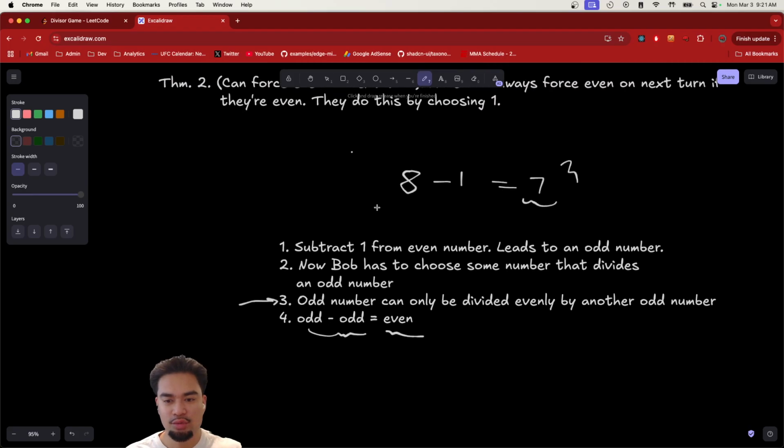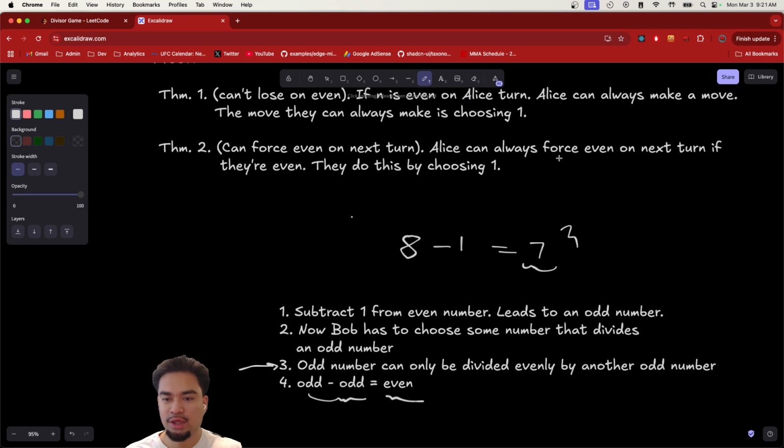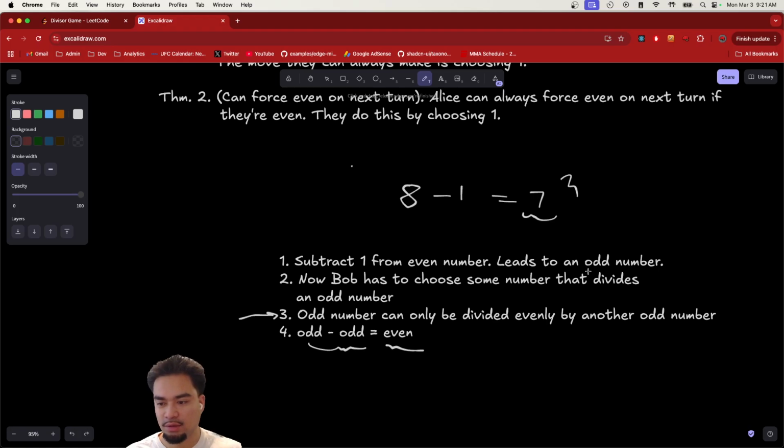So what I said is, Alice can always force an even number on the next turn if they're currently on an even, and they do this by choosing 1. Once they choose 1, they turn the current number into an odd number. Now that it's odd, Bob has to choose some number that divides that odd number evenly.